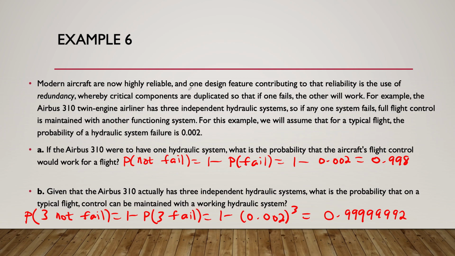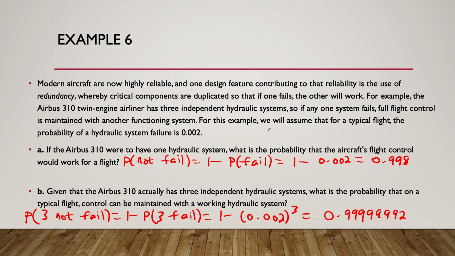Now, modern aircraft are highly reliable, and one design feature contributing to that reliability is the use of redundancy, whereby critical components are duplicated so that if one fails, the other will work. For example, the Airbus 310 twin-engine airliner has 3 independent hydraulic systems, so if any one system fails, full flight control is maintained with another functioning system.